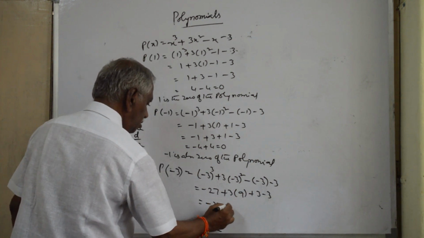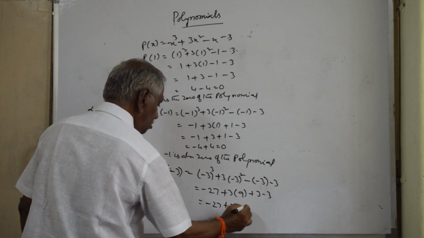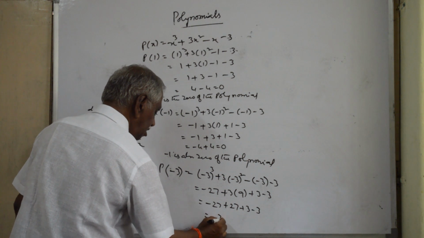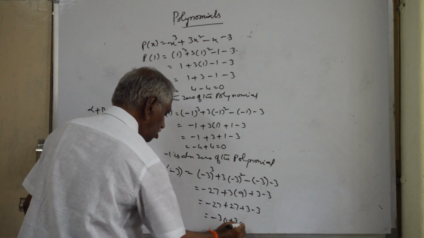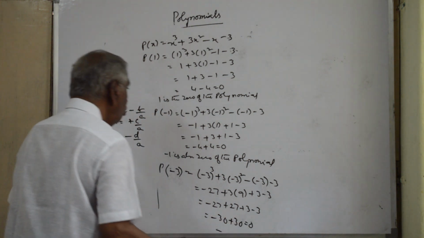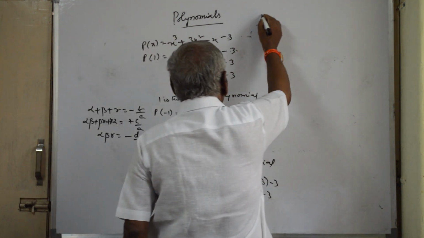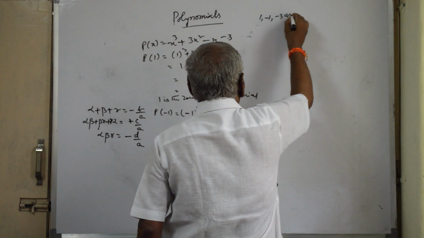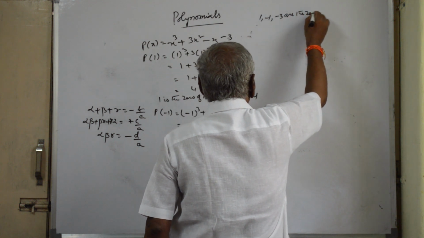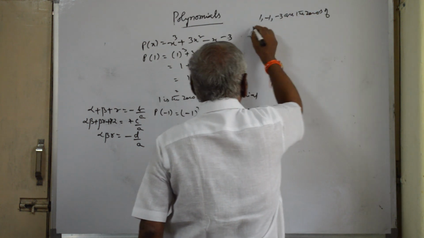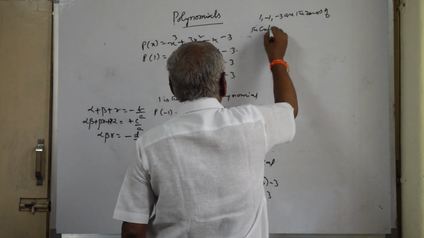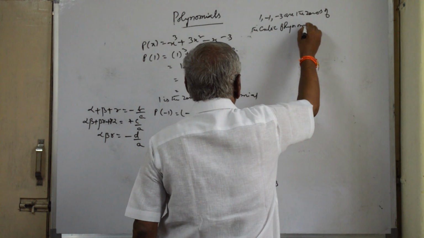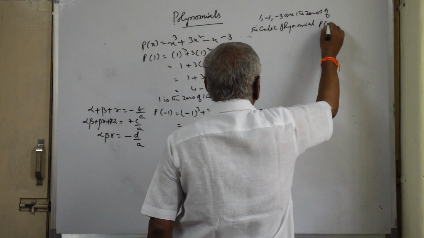Minus 27 plus 27 plus 3 minus 3. It is minus 30 plus 30, which is equal to 0. So 1, minus 1, minus 3 are the zeros of the cubic polynomial P(x).